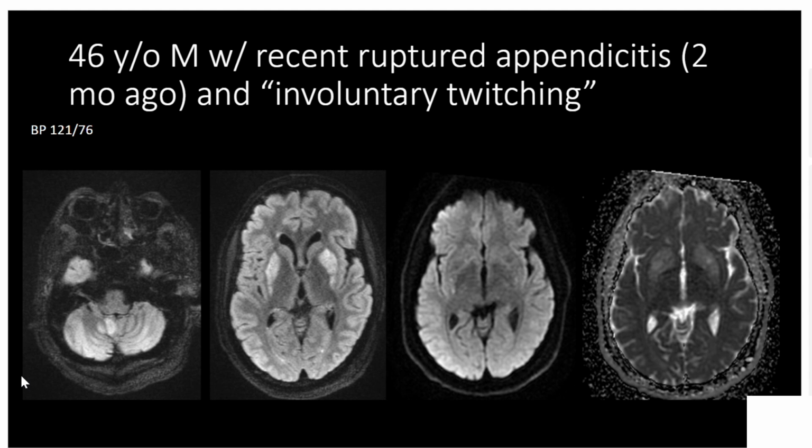Okay, so can it be hypoxic ischemic? I think you have to consider hypoxic ischemic when deep gray matter is involved, but there is no diffusion restriction. So these are the fat suppressed images.